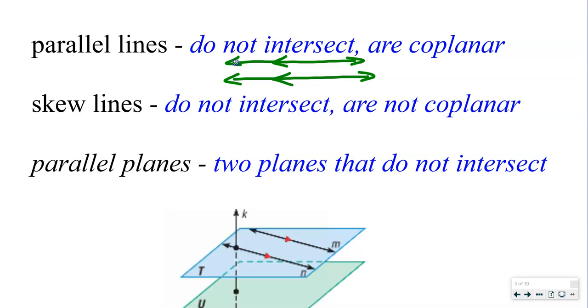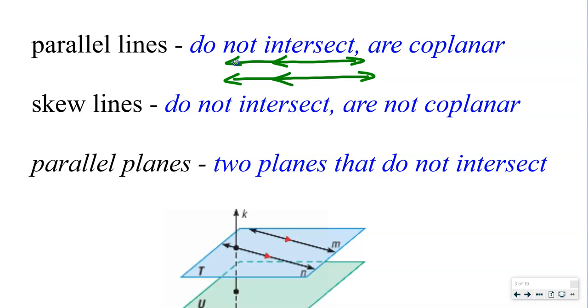If we think of a road as a line and a telephone pole as a line, the telephone pole is next to the road. It doesn't intersect the road, but it's not going the same direction. So it's not coplanar. And they don't intersect.